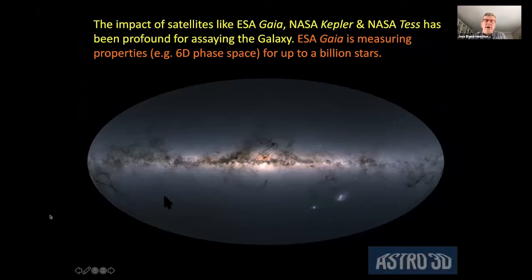So as you know by now, there's a lot going on in galactic archaeology. ESA Gaia, NASA Kepler, NASA TESS are three incredible missions that are providing beautiful data, both in terms of distances and proper motions, parallaxes, and stellar ages and masses. On top of that, ESA Gaia produced a catalogue of about 6 million stars with very accurate phase space, XYZ, VX, VY, VZ motions, and that's particularly exciting.